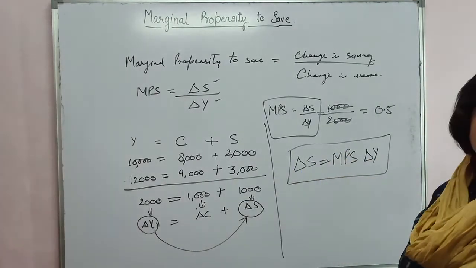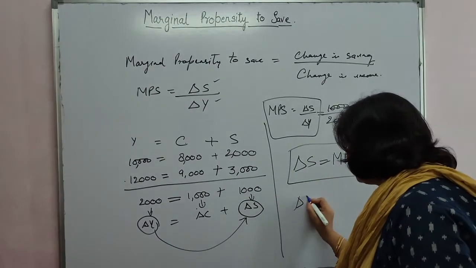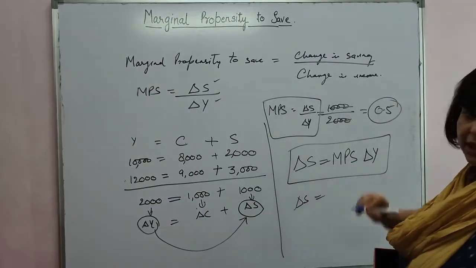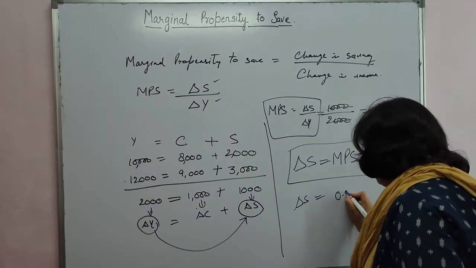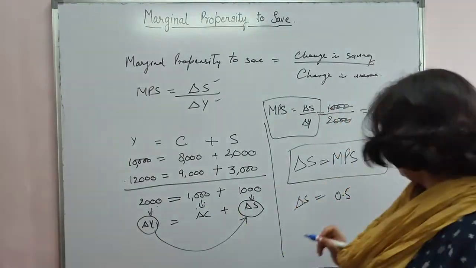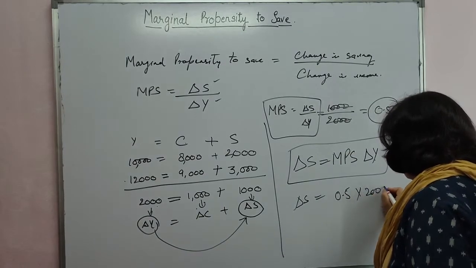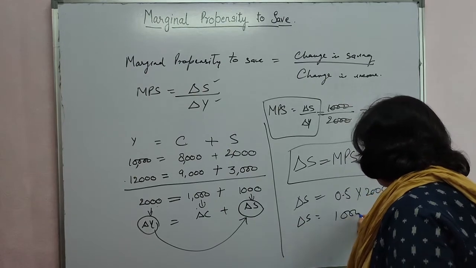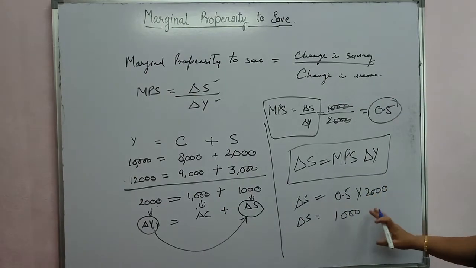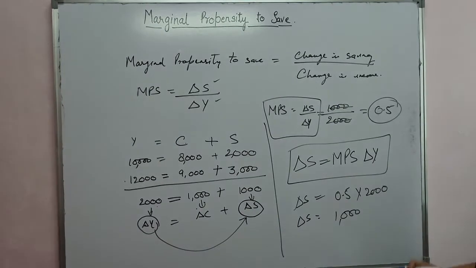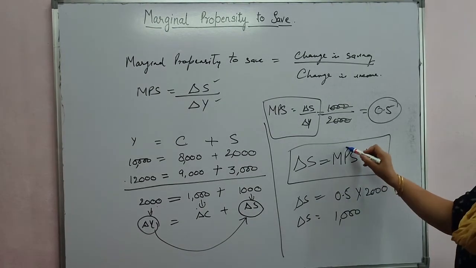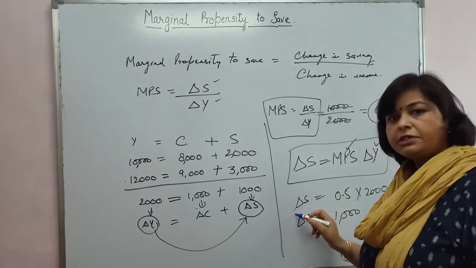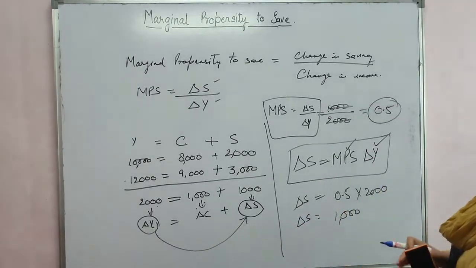From the given example, the value of MPS which we have calculated is 0.5 and delta Y is 2,000, so delta S is 1,000. 0.5, that is 50% of 2,000, is equal to 1,000. So if we have the value of MPS and delta Y, we will be able to calculate the value of delta S.